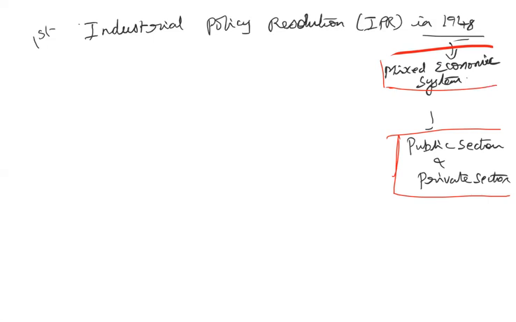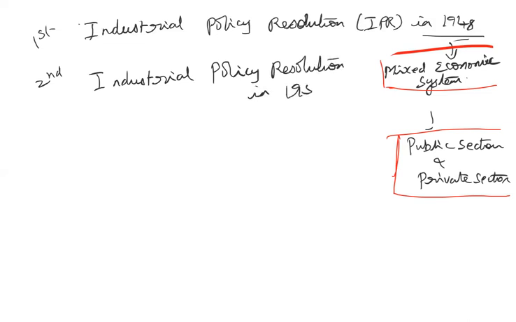Then second, the government announced the second industrial policy resolution in 1956, IPR 1956. According to the situation in the country, the government keeps on periodically announcing industrial policy resolutions.